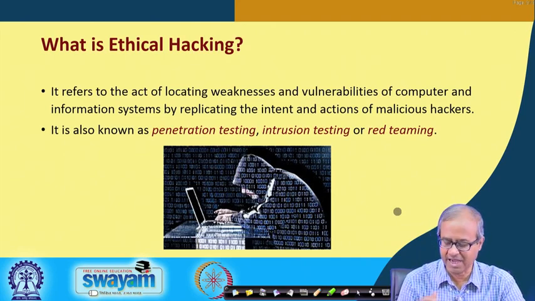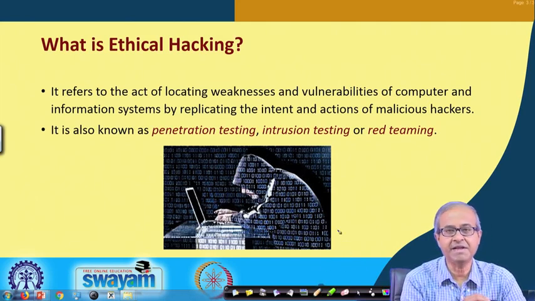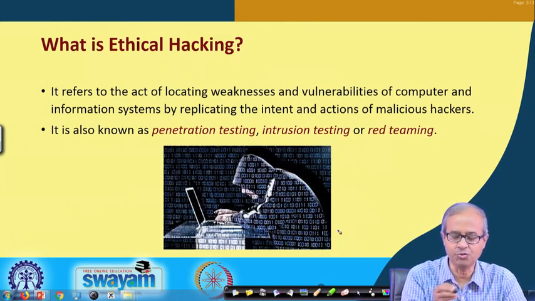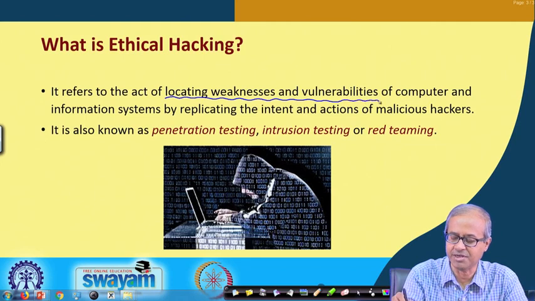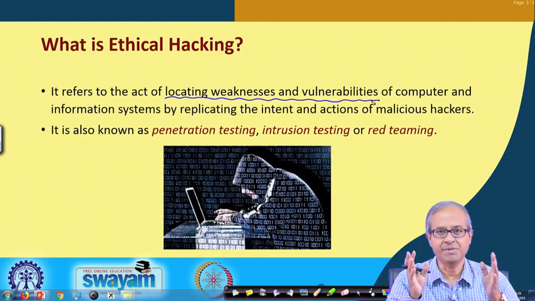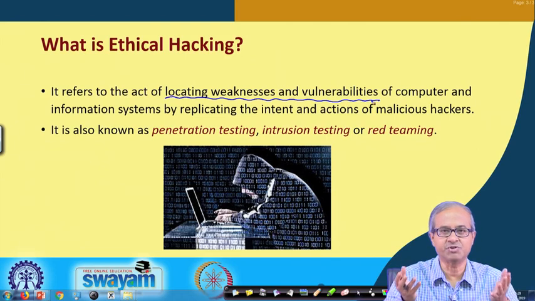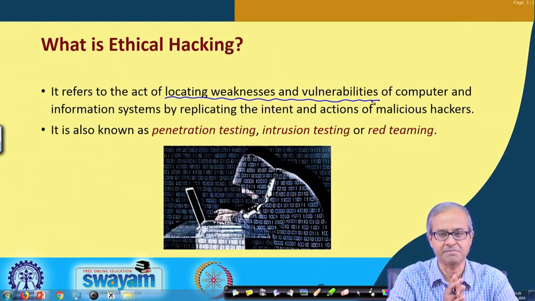Well, ethical hacking, as per the definition, essentially refers to locating the weaknesses and vulnerabilities. It means, suppose you have an organizational network, an IT infrastructure, you have computers which contain some software, some data, a lot of things are there.